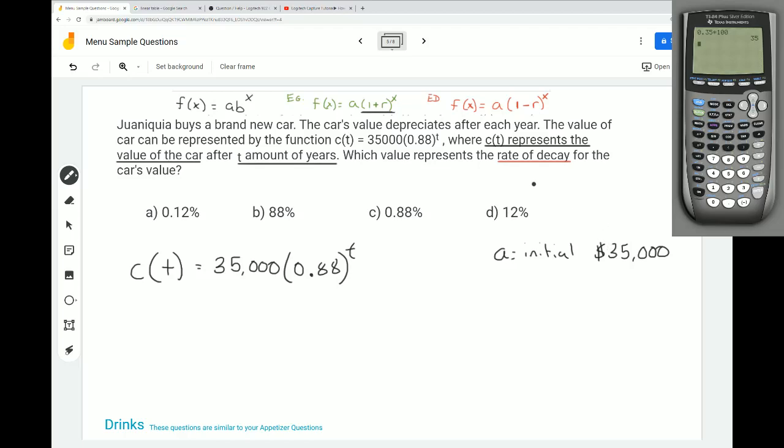Now we have 1 minus r. Since it's decay, we're looking at 1 minus r. So this is saying 1 minus r is equal to what's in the parentheses right here, 0.88. And then instead of x, we have t, which is our time.